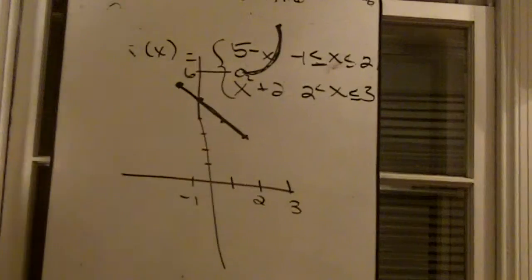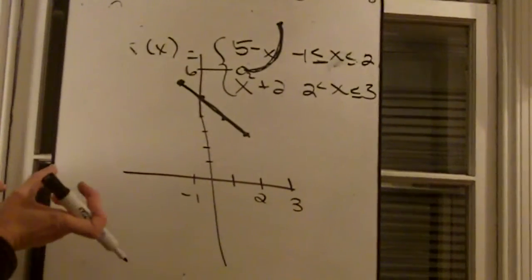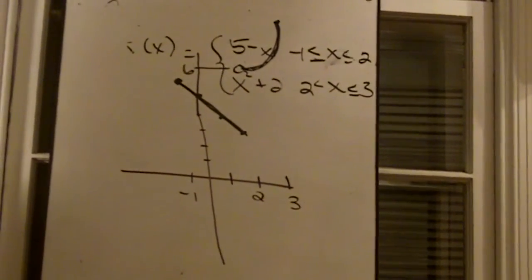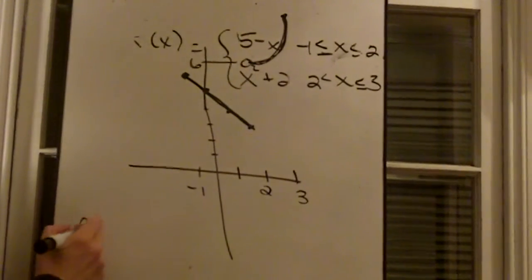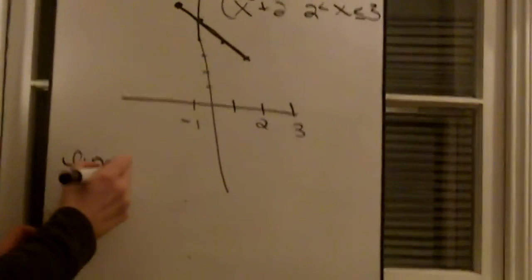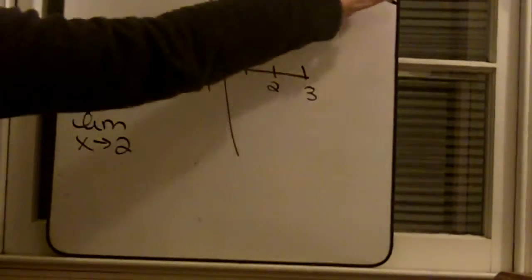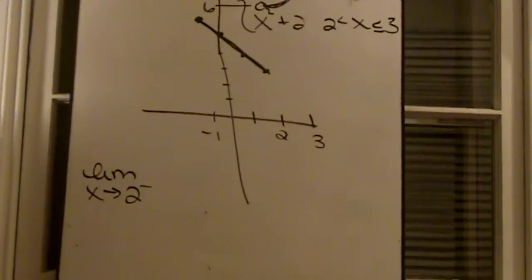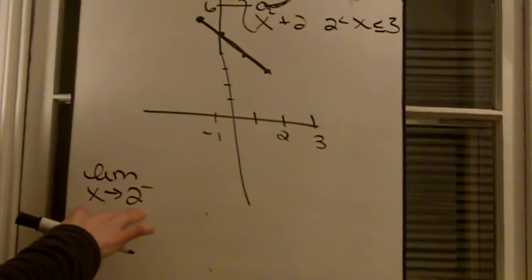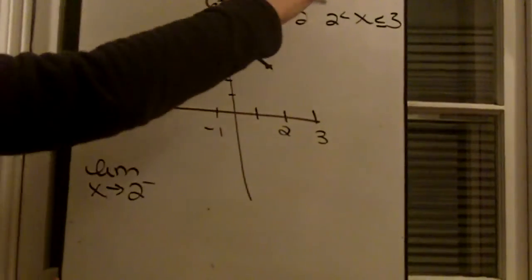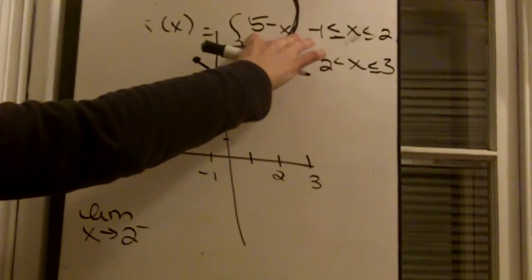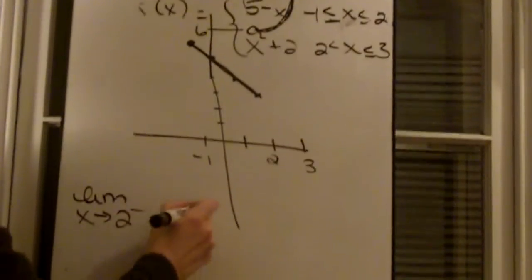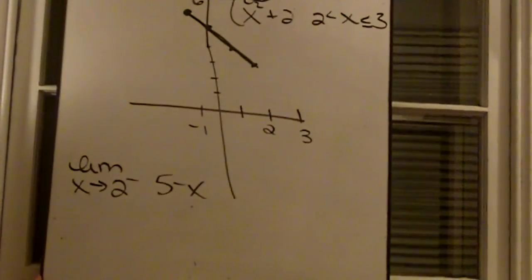So when you have a piecewise function, if the two pieces don't fit together, it's not continuous. The limit, as you approach the number 2, which is where the domain breaks, from the left would be found by taking this piece, the 5 minus x piece, and doing direct substitution.